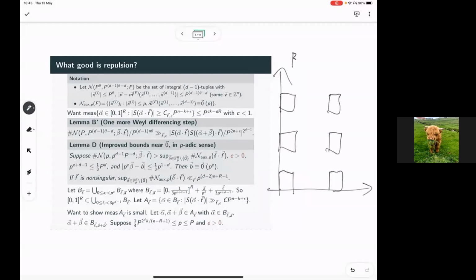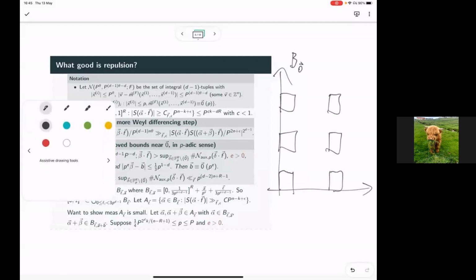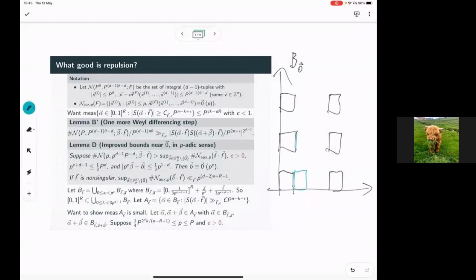So that's this gray neighborhood here, and its translates are going to look like this, where this displacement from the center of one of the gray cubes to the center of one of the blue cubes is L on p to the e plus d minus 1.